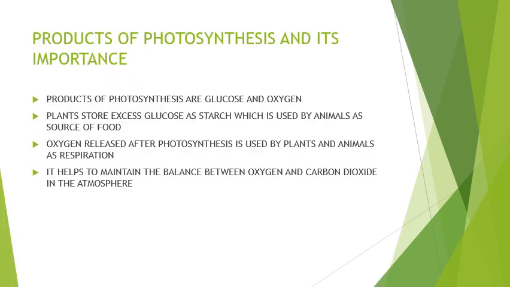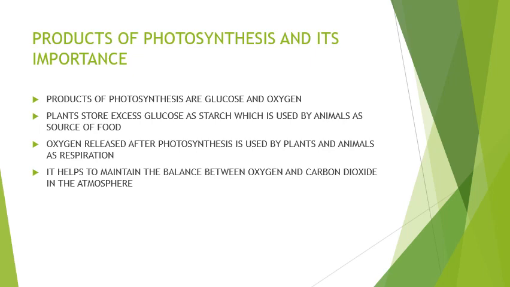The products of photosynthesis are glucose and oxygen. The plants synthesize food in the form of carbohydrates during photosynthesis. Glucose is the immediate product of photosynthesis. This is utilized by the plants for getting energy.